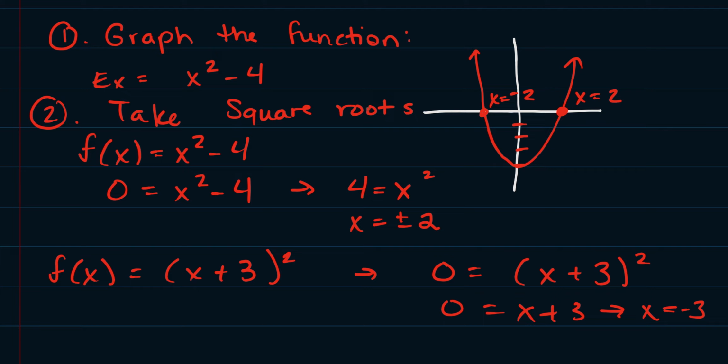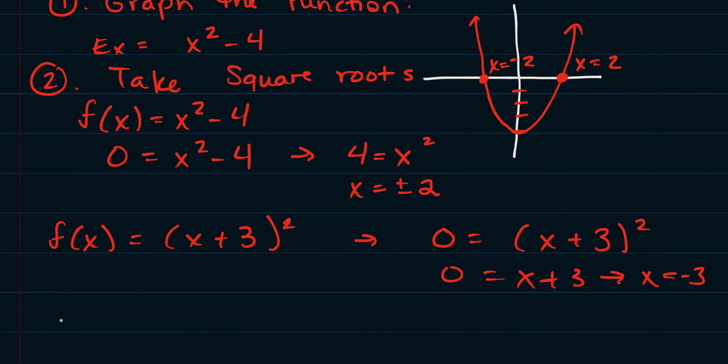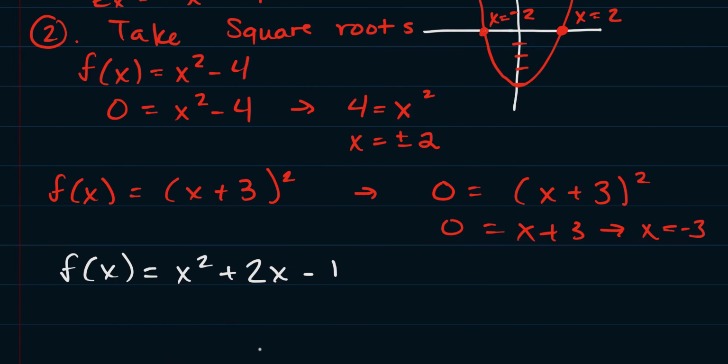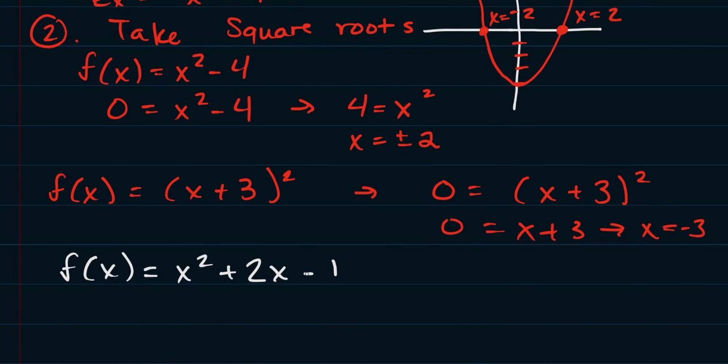But sometimes this method won't work, and an example of when it won't work is when you have something like this. Now this won't work because if you set it equal to 0, well, here I had something that was squared.